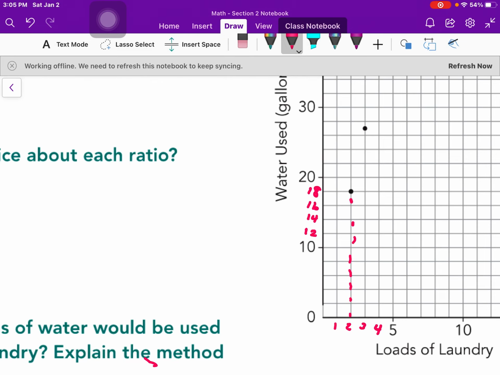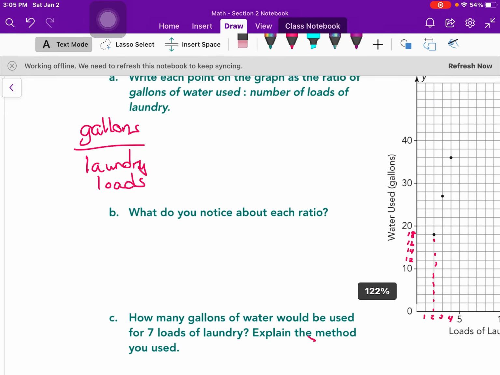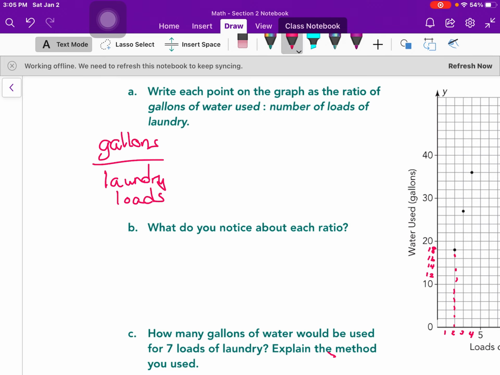So 2 loads of laundry yields 18 gallons. Okay, next one, 3 loads of laundry yields, it's 22, 24, 26. Ooh, it looks like it's pretty much in the middle of there, so I think I'm going to call that one 27. So 27 to 3.